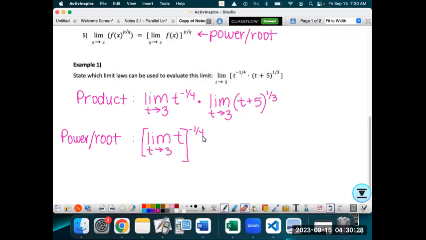All right, so this first one's actually looking done. I have a limit of that single variable, no powers, no coefficients, as t approaches 3. So the first one's done. Now, this second one is going to need broken up a little bit more because I have both a t and a +5 on the inside. So I'm going to break those up into their own individual limits using the sum limit law.